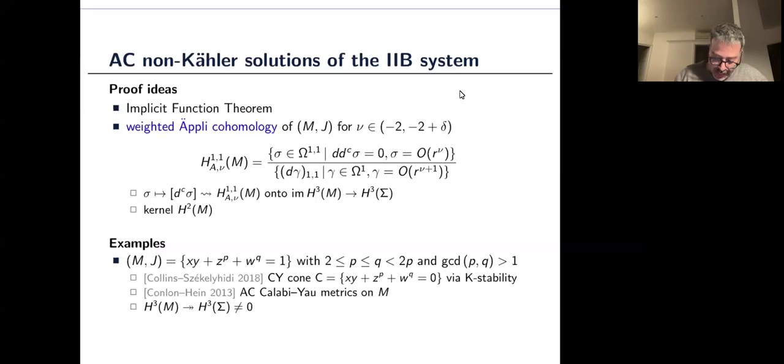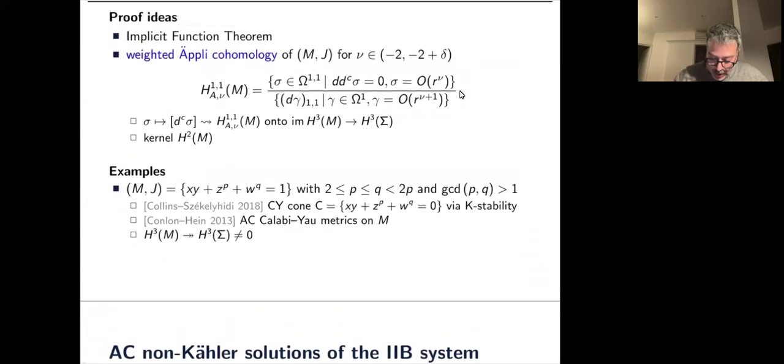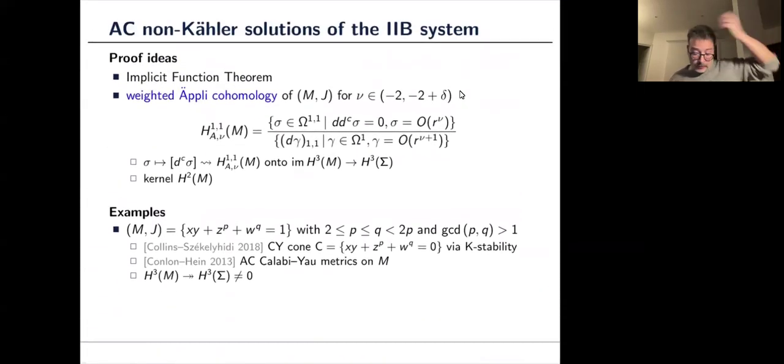And what's interesting is that this theorem applies to infinitely many examples. For example, you can take this affine variety. You have p and q, two integers that must satisfy this condition and cannot be coprime.